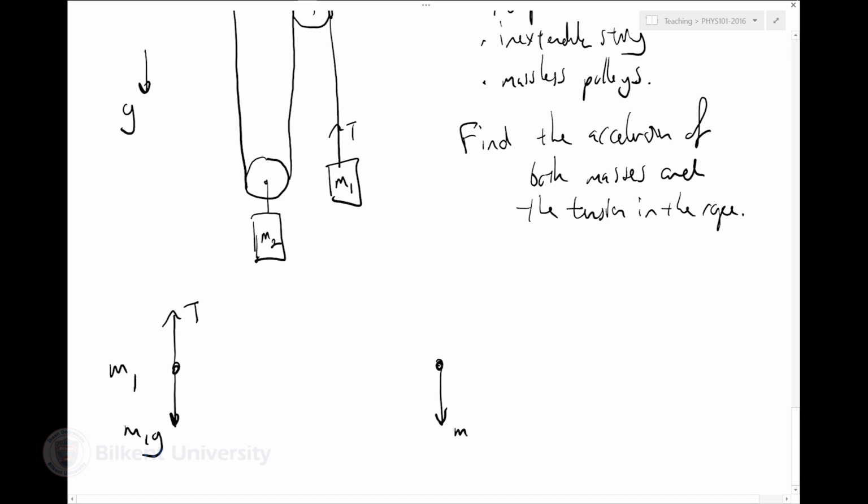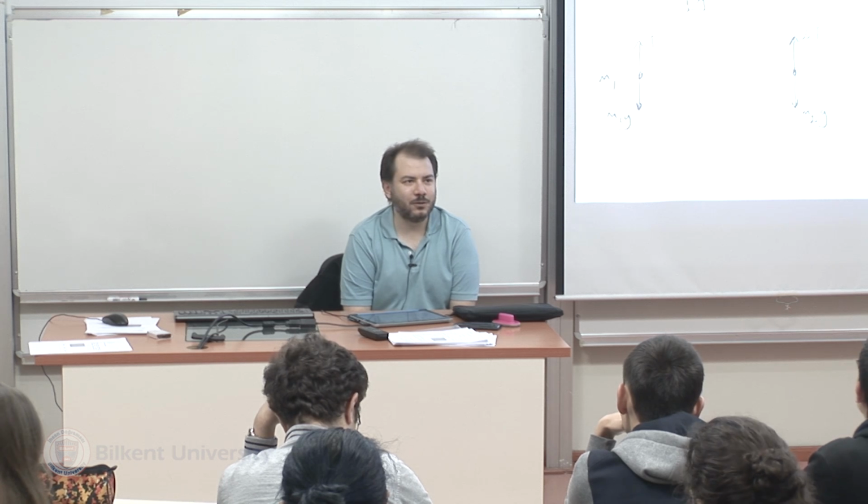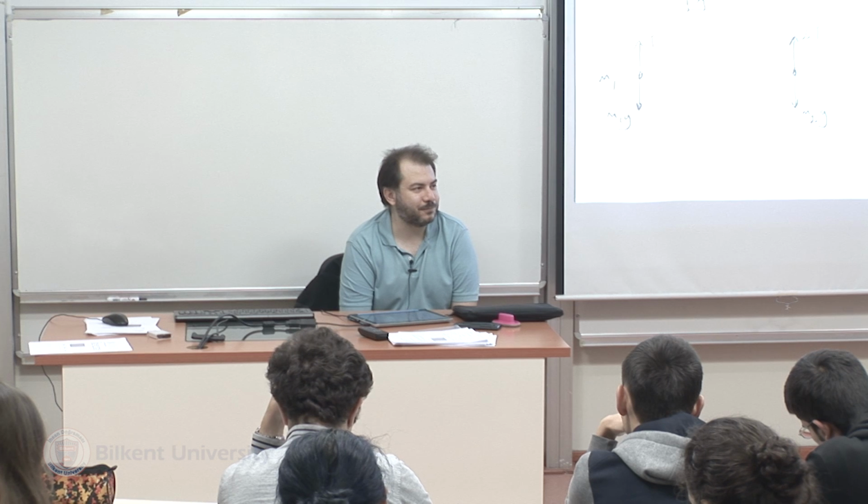There is M2G, but, well, okay, if you want, the tension force here, tension prime, but it's actually just taking two tensions in the rope and conducting these two tension forces to the mass, right? Is that point clear? I'll just write 2T here. Okay? So that part is not really very hard.